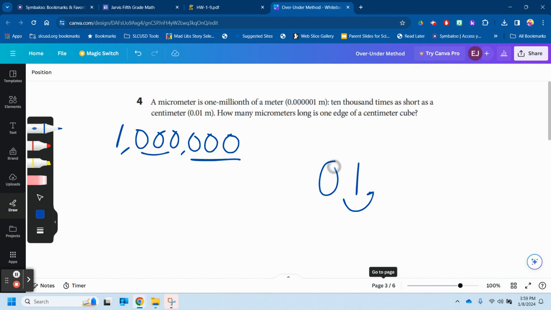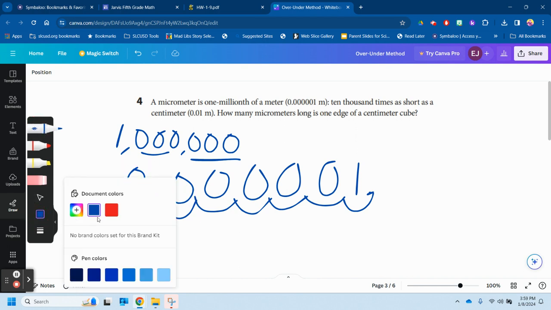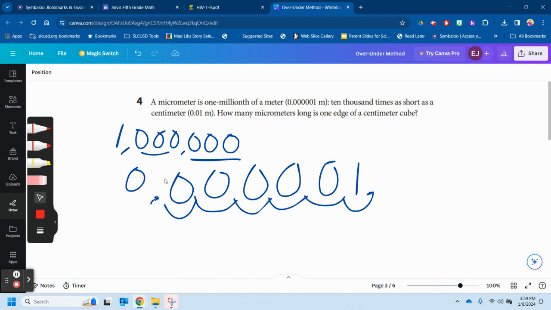That's what they did. 1, 2, 3, 4, 5, 6, and put my decimal point here. And it's proper to put a 0 in the ones place, but the decimal point's here. And you'll notice, let me get my red pen here. How many places does this have? 1, 2, 3, 4, 5, 6.